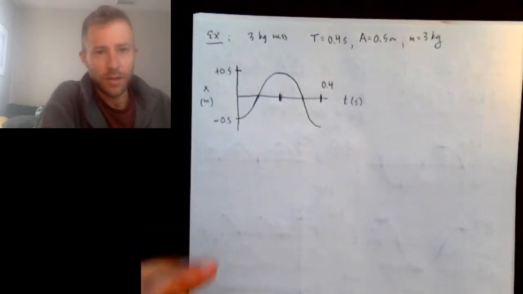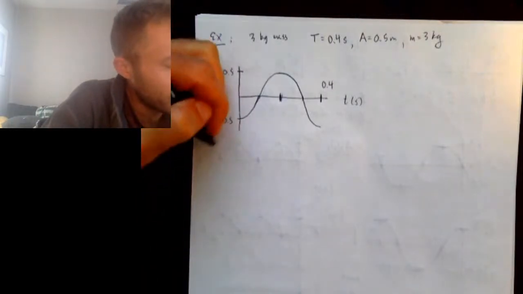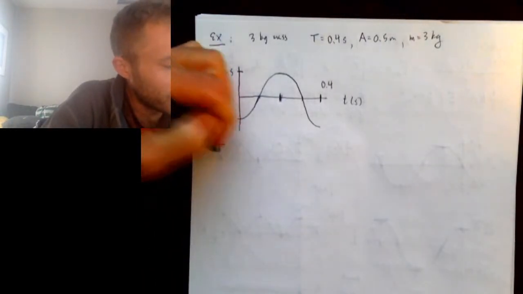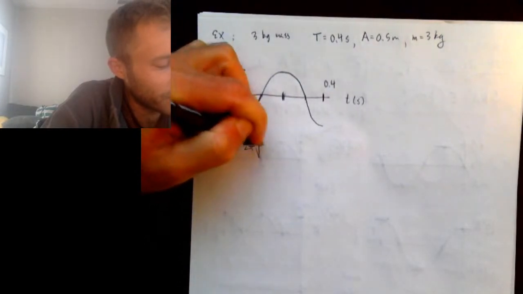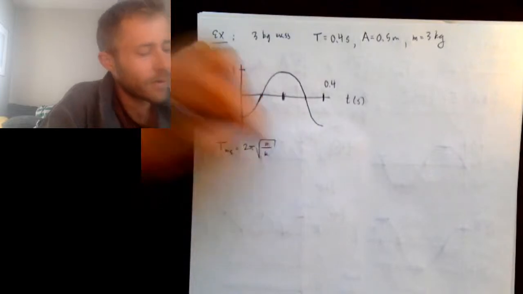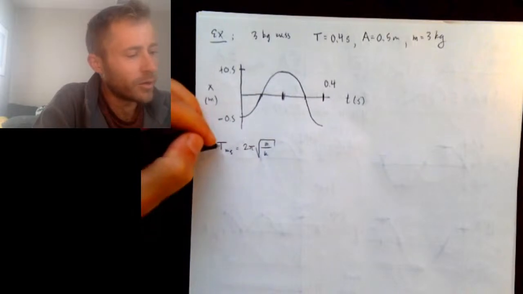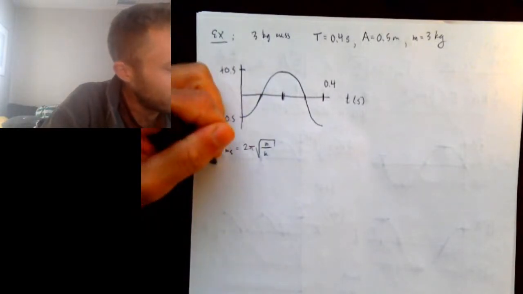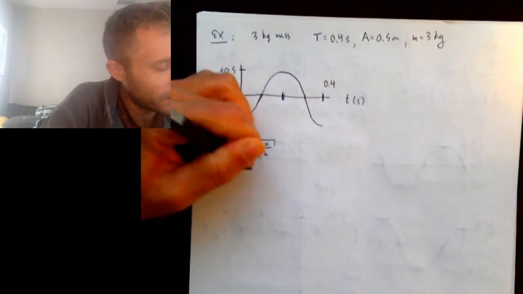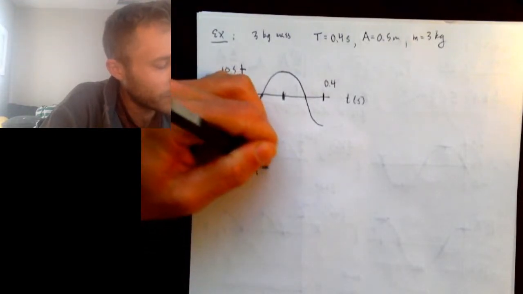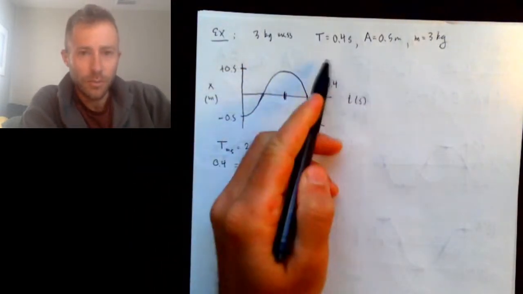So at this point, I like to do a little sidebar calculation. In particular, the period of the mass spring system is 2 pi square root of m over k. So I know that the period is 0.4 seconds equals 2 pi square root of the mass, which is 3, over k. So stiffness of the spring was not given.